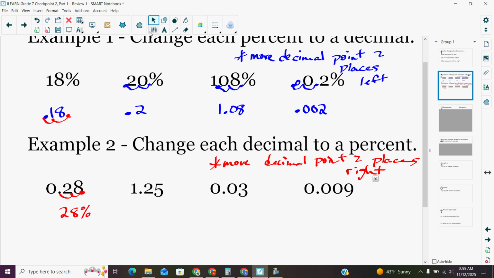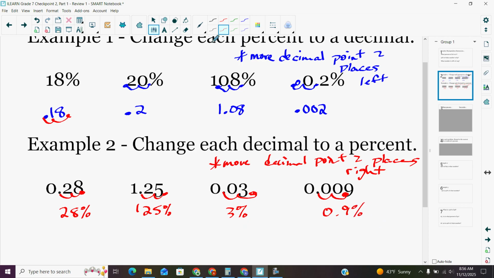Think through each of these. 1.25 is 125%, 0.03 is 3%, 0.009, decimal point is there, 0.9%.